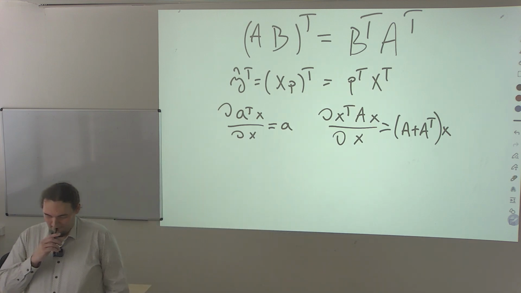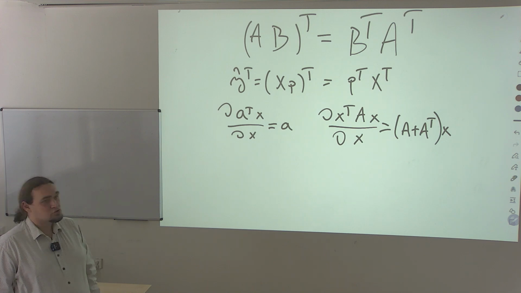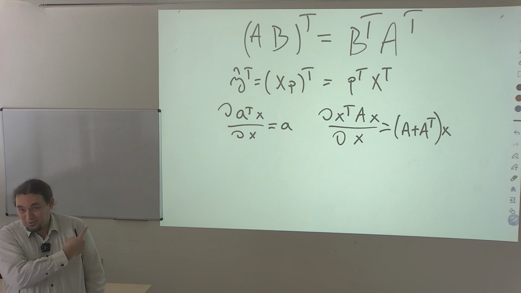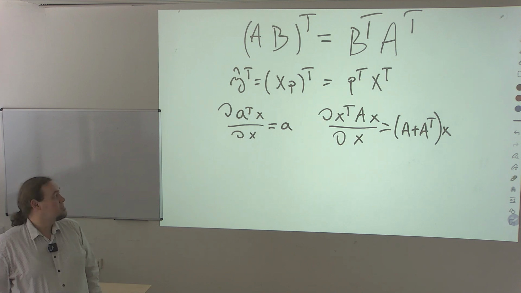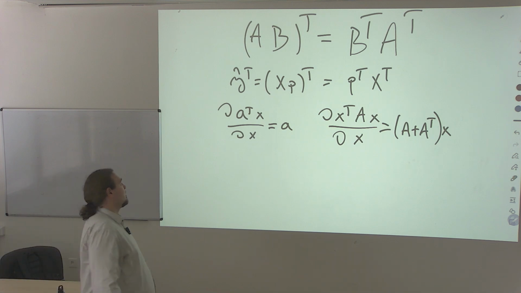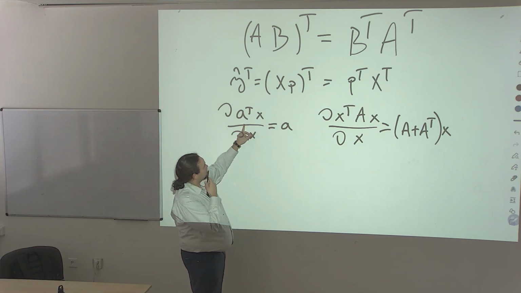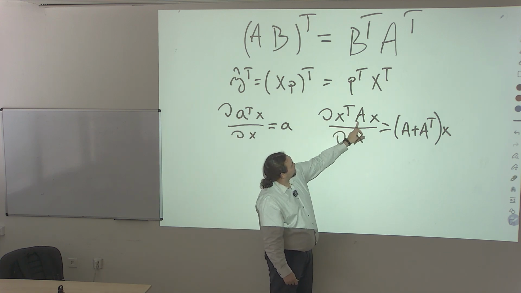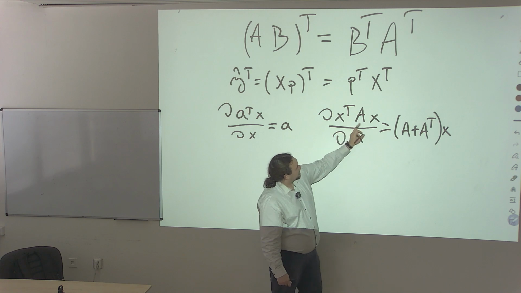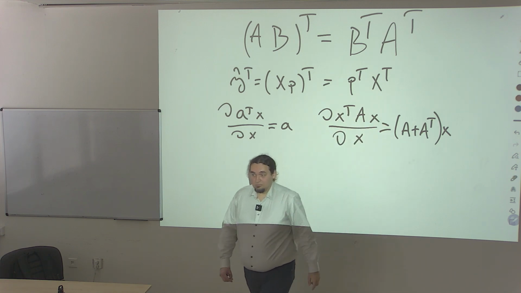Could we just use the derivation rule for the multiplication? Yes, and you will get the same thing. You would transform into this form, and from this part you will get A transpose, and from this part you will get A.